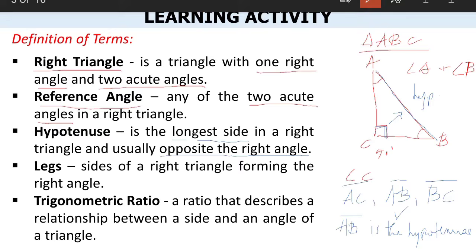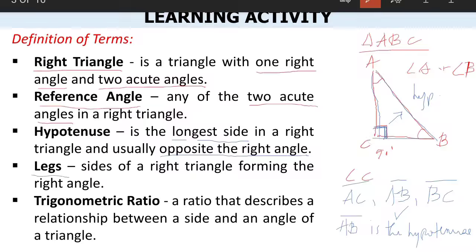How about legs? When we say legs, these are the sides of a right triangle forming the right angle. Again, our right angle is angle C. Which sides of the triangle form this angle? Those sides are side AC and side BC.